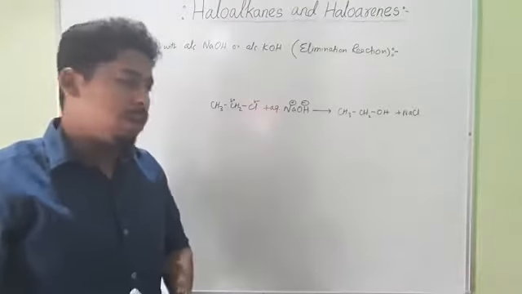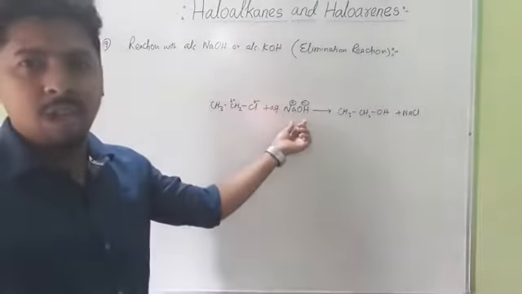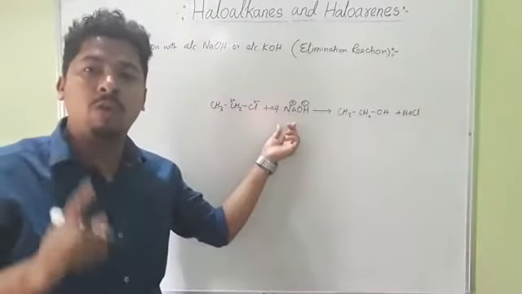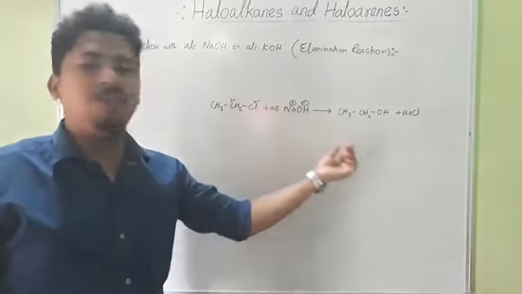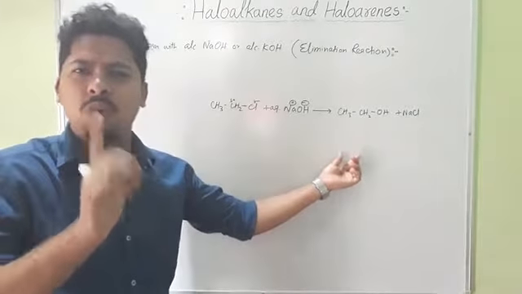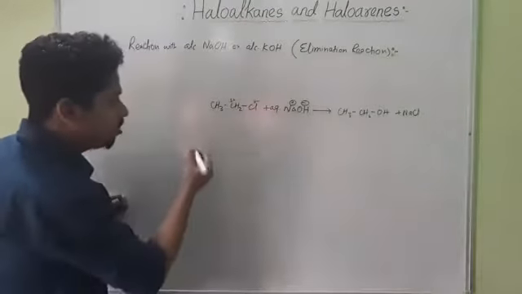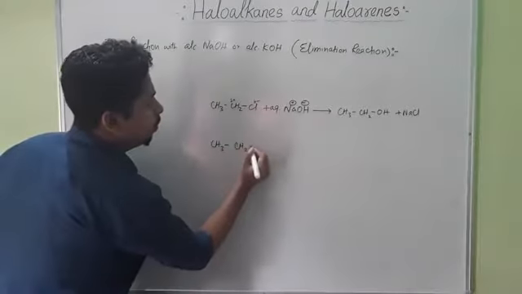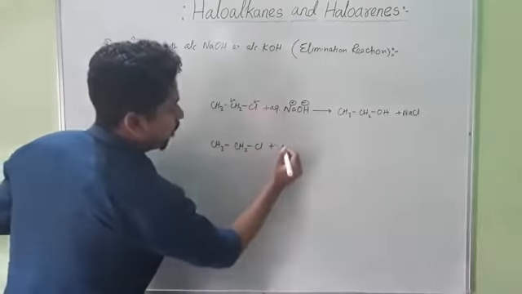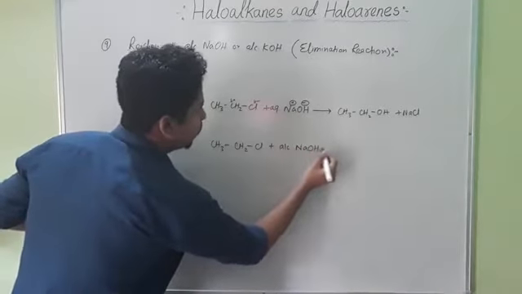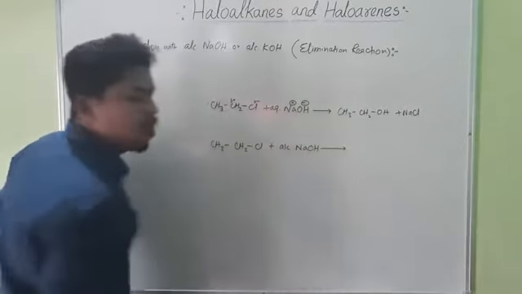But here this is aqueous NaOH. When this alkyl halide is treated with alcoholic NaOH or alcoholic KOH, the product is different. It will not form alcohol. Suppose we write this reaction: CH3-CH2-Cl plus alcoholic NaOH. What will be the product?